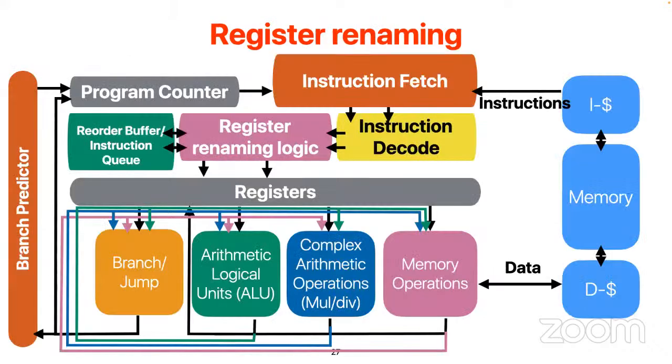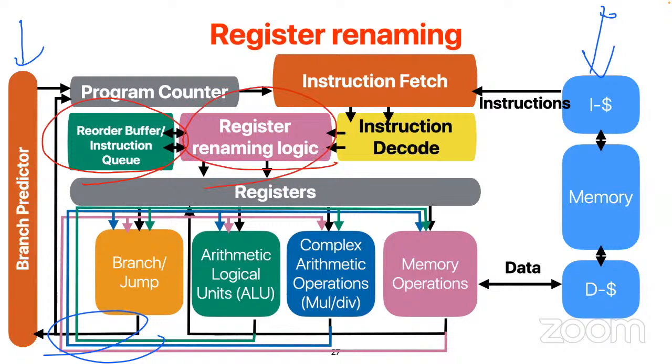And register renaming is a mechanism where we use additional registers to store the outputs. It turns out this is the new pipeline we have. Previously we added branch prediction, we added a data forwarding path, and we also split the instruction and data cache. But with register renaming, these are the new additions.